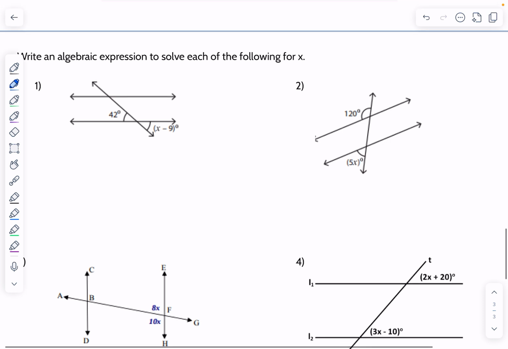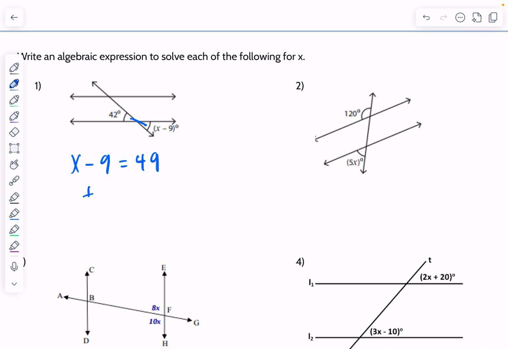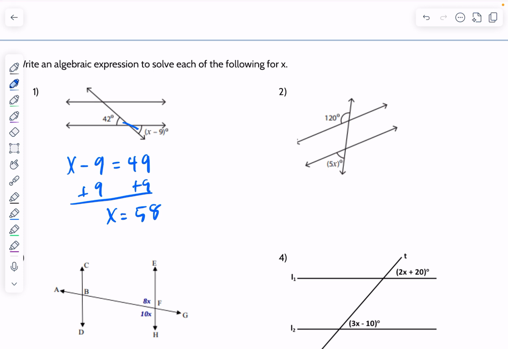So I'll do one here. These are vertical angles, so they're equivalent. So x minus 9 is equivalent to 49. So x equals 58. So that solves for x.